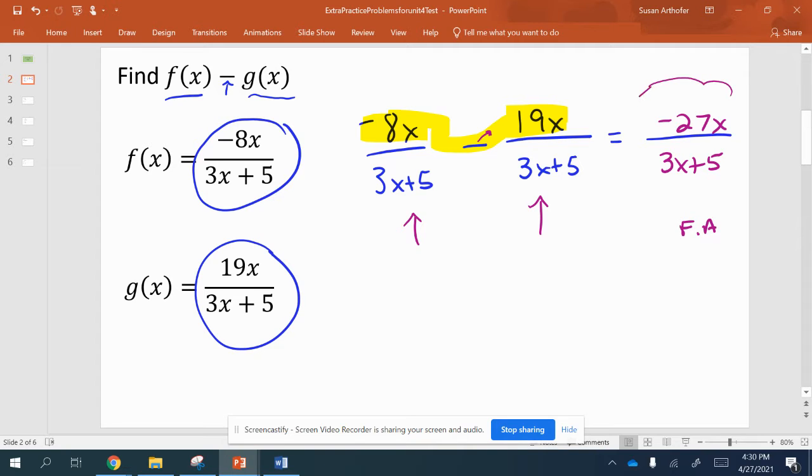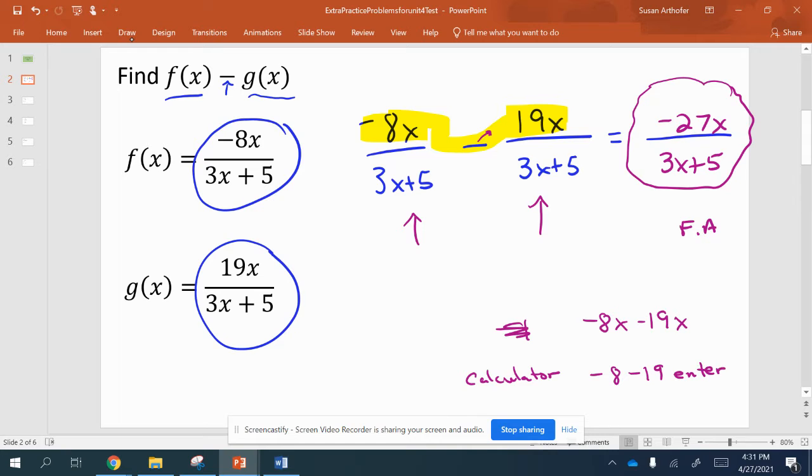So you would type in this fraction into Otis. Now, if you're not sure how much negative 8x minus 19x is, you can use a calculator at home. On the calculator, you would use negative 8 minus 19 and hit enter on your calculator or equals, and it'll give you negative 27, and just make sure you have the x because it's got the x's in it, okay?